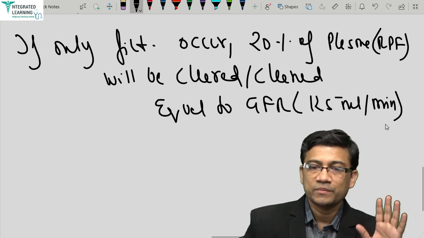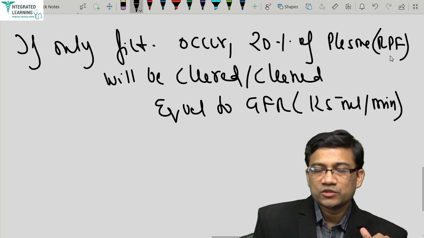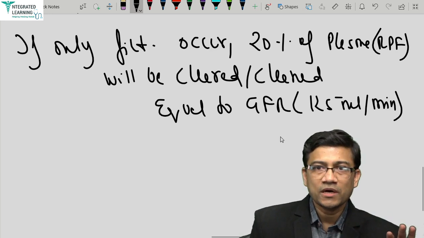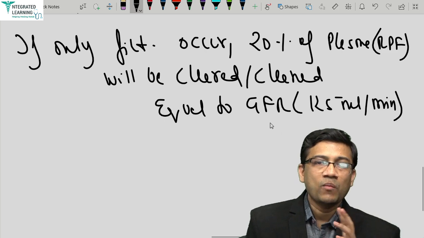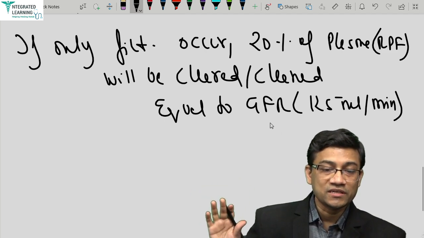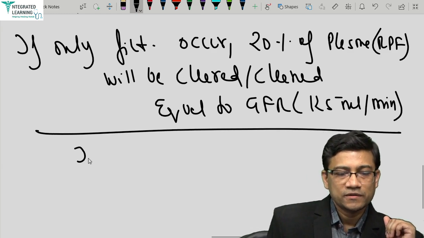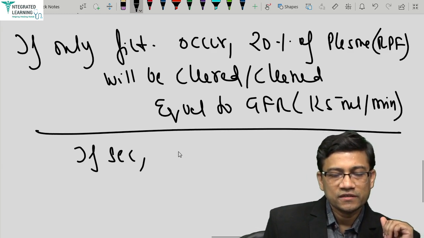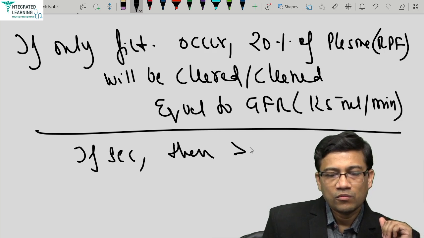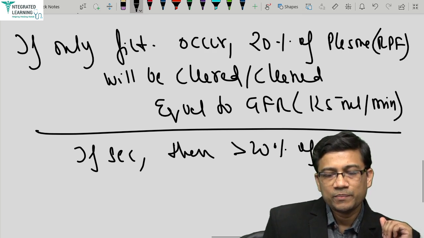Clear? 20%. Okay. So out of 625, how much did you clear? All plasma? No, only the filtered plasma is clean. How much is still dirty? That 80% is still dirty. And if you secrete, you can clear more than 20%. If there is secretion, then more than 20% of plasma can be cleared.